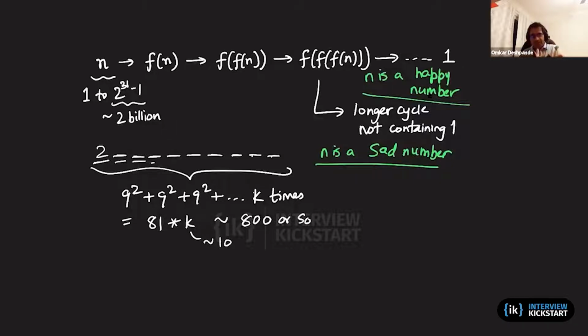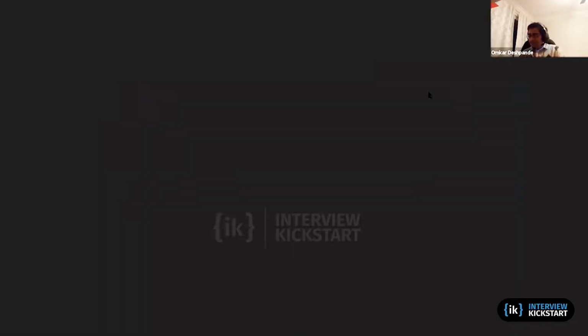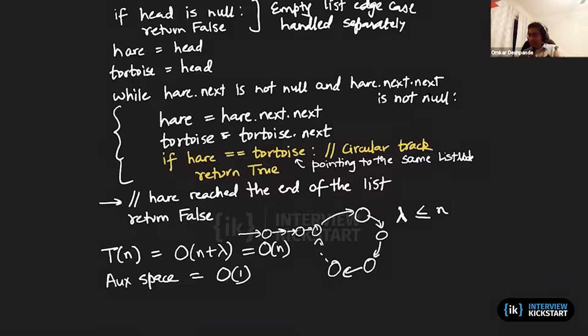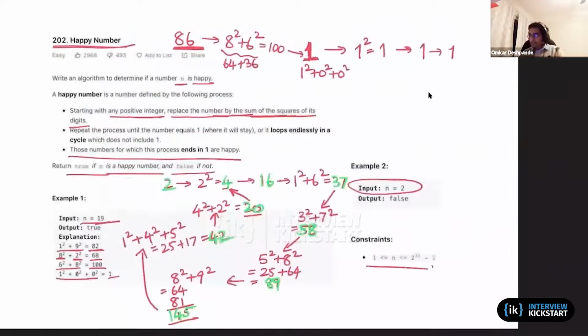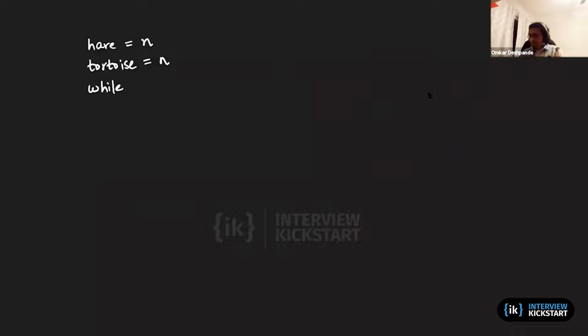We can always do it. So in that sense, this condition, hare dot next is not null and hare dot next dot next is not null, is always going to evaluate to true. Since it is always going to evaluate to true, let's just write it as while true.